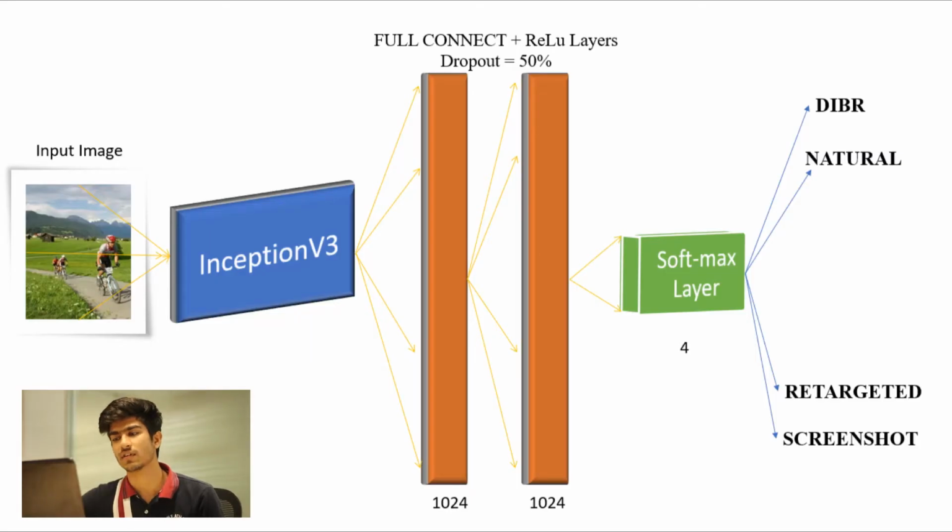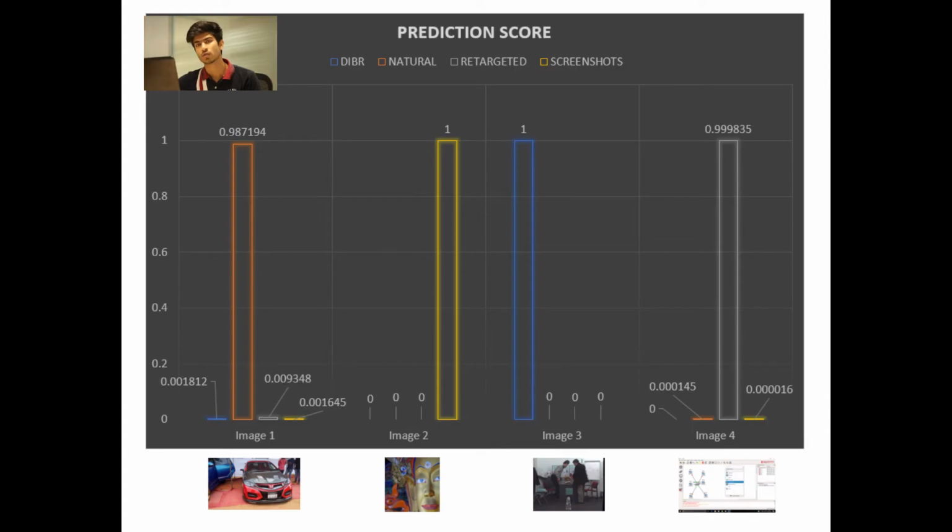After the Inception section, we have two additional densely connected layers having 1024 neurons each, which use the ReLU activation function. The output of the Inception V3 section is fed to these two layers, which then use the softmax function to give a 0 to 1 prediction score for each of our 4 classes.